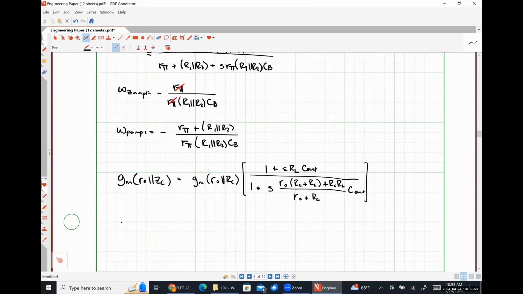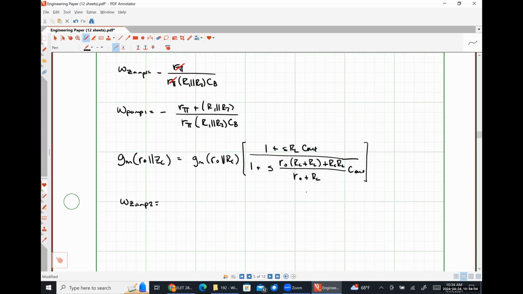So our second zero from the amplifier stage is just -1 over RL C out.